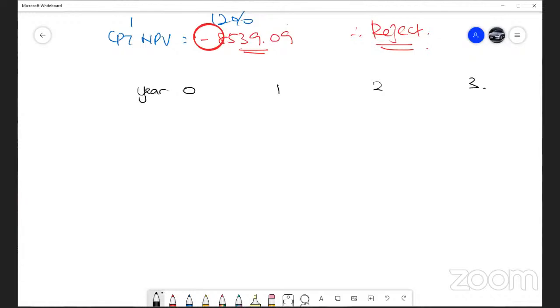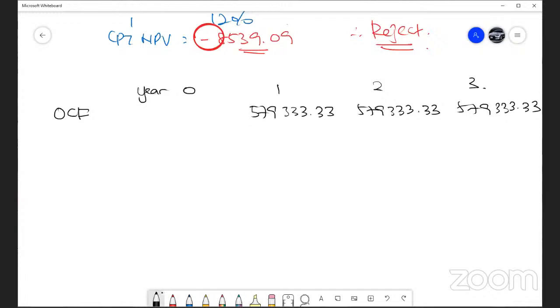From our OCF, we already know here 579,333.33, 579,333.33, and 579,333.33. This remains the same for 3 years, depreciation straight line.